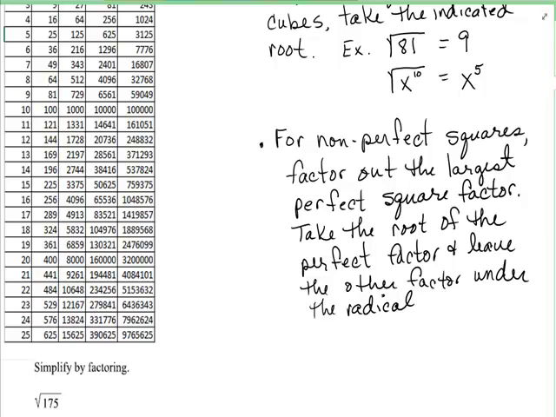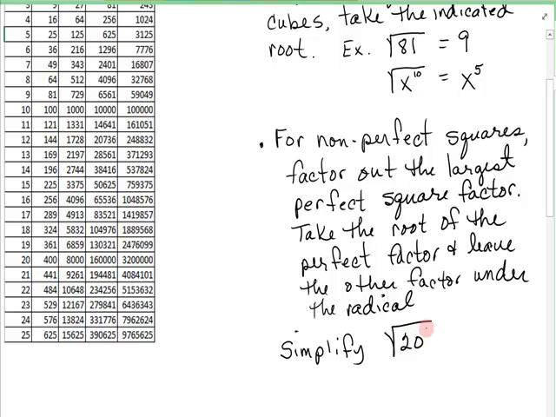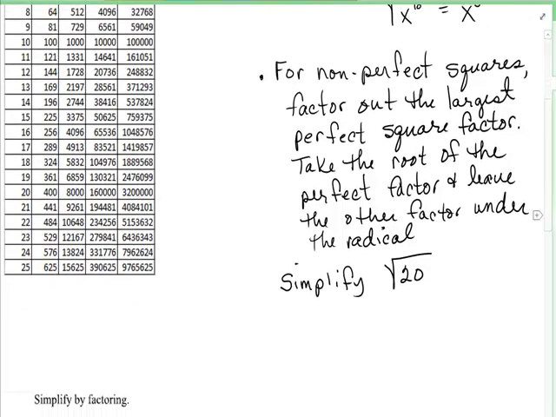Let me give you one example before we get into these kinds of problems. It's key that you understand that the instruction would say simplify the square root of 20. Now I hope you recognize that 20 is not a perfect square.